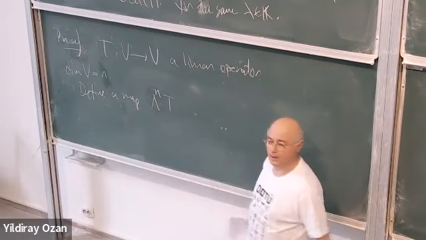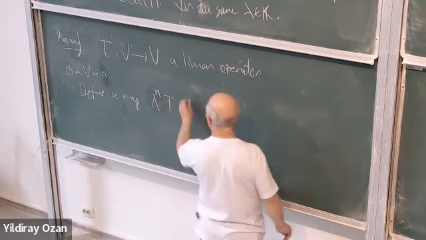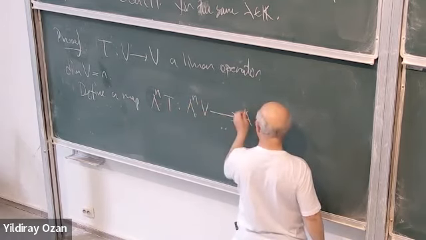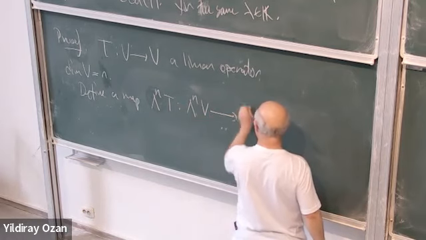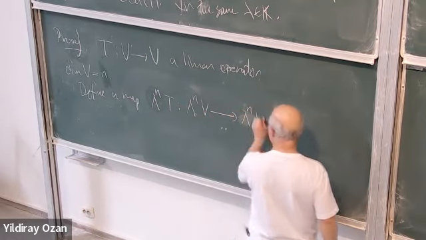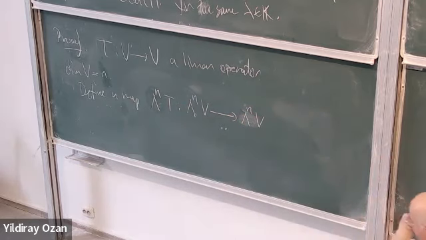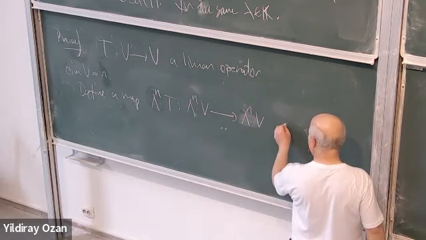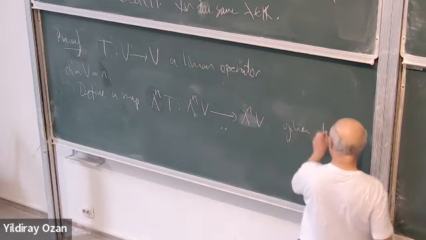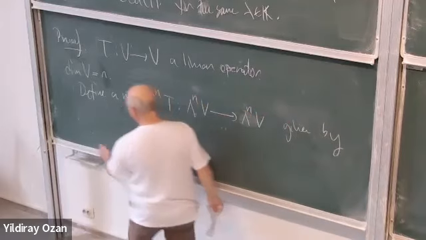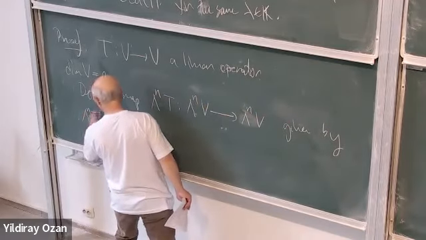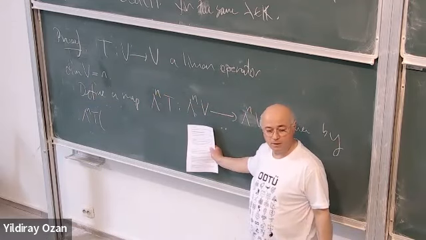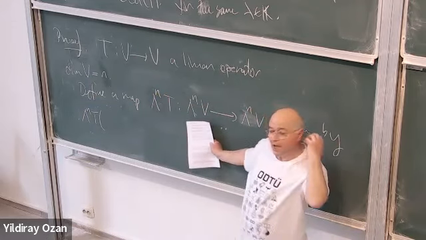And wedge of V. How is it defined? From the n-th exterior product of V to the n-th exterior product of V again. Given by... Now, what's a typical element of this? This is one-dimensional, right?